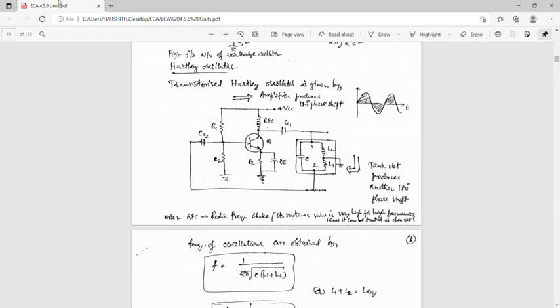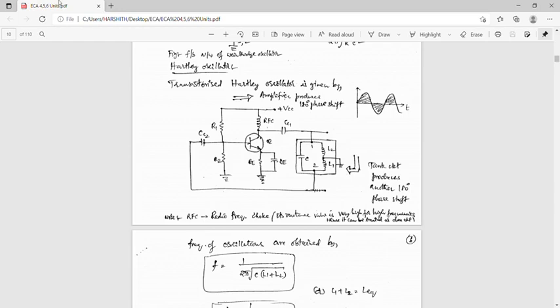In the RC phase shift oscillator, the amplifier gain, denoted as A, must be greater than or equal to 29. In the Wien-Bridge oscillator, the amplifier gain condition is A greater than or equal to 3.